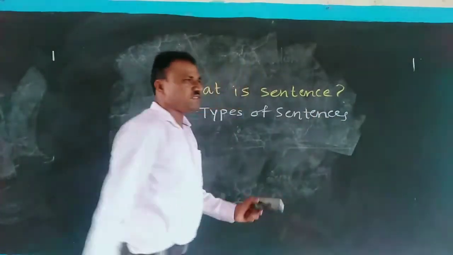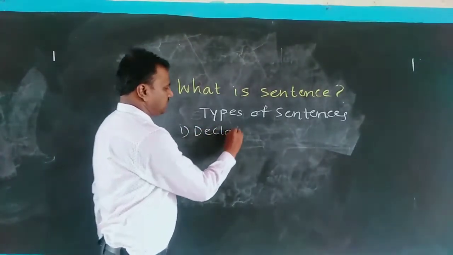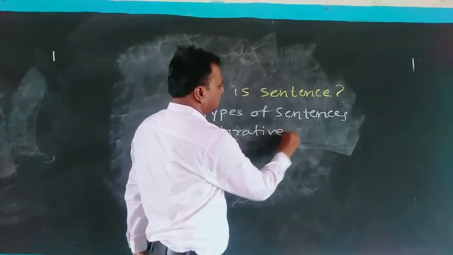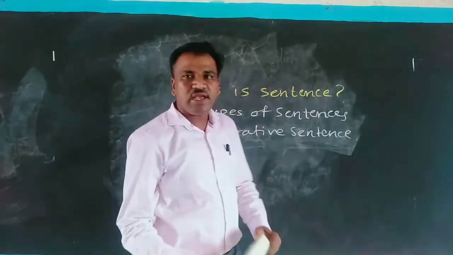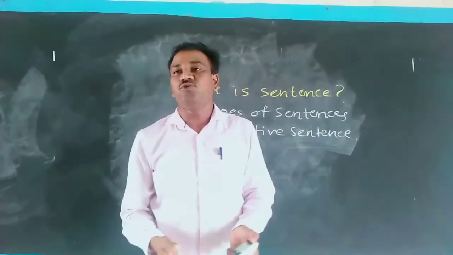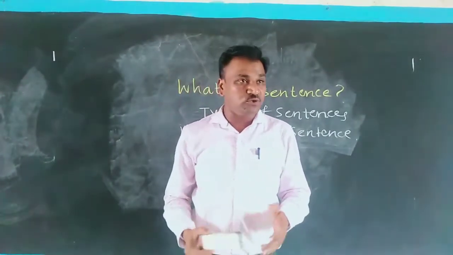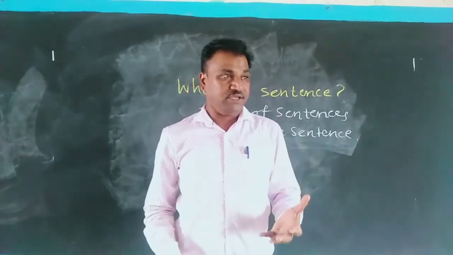The first type of sentence in English is the declarative sentence. Declarative means we are going to declare something: what we are going to do tomorrow, what we are going to do today, or what we did yesterday.